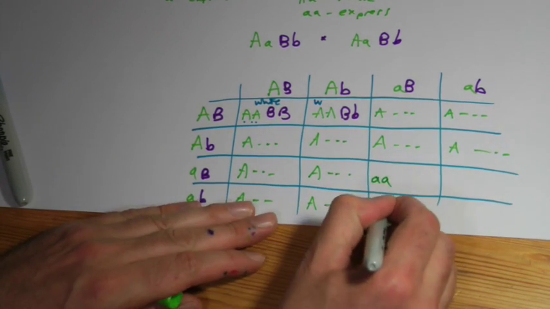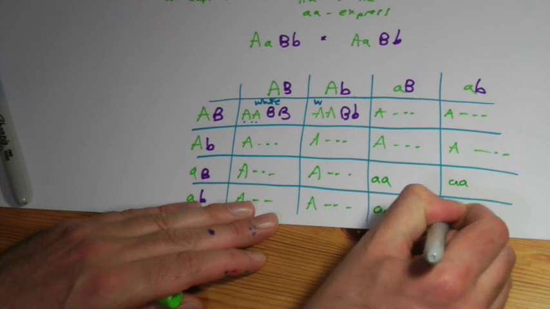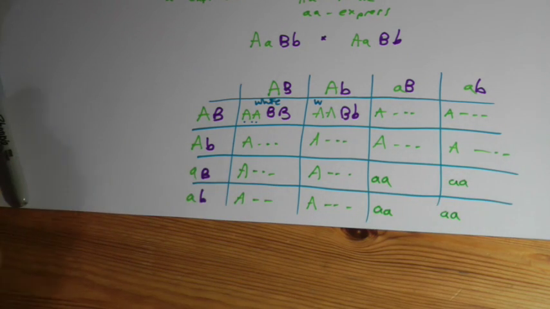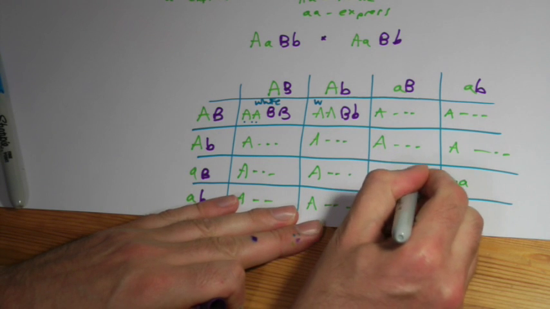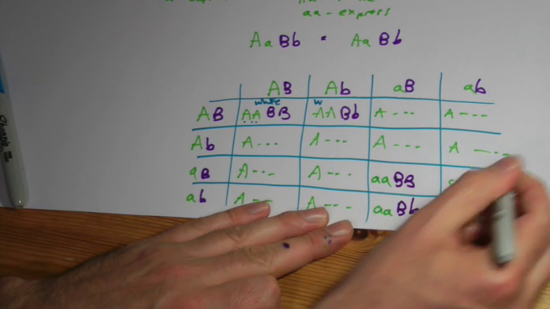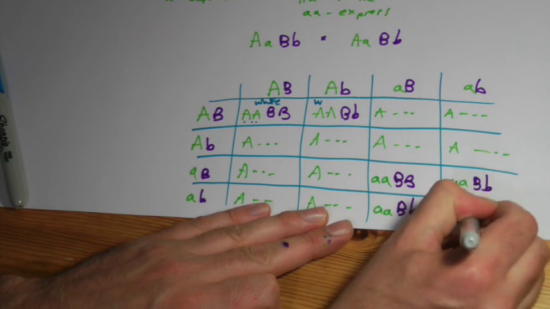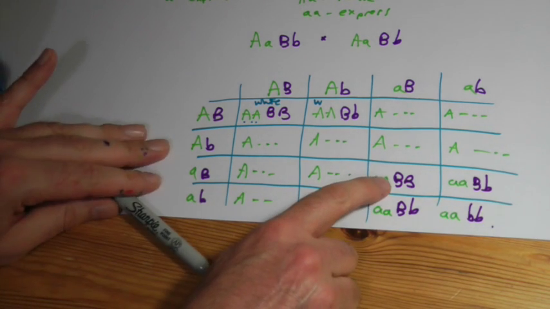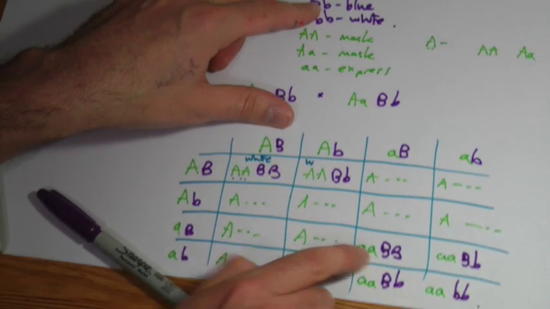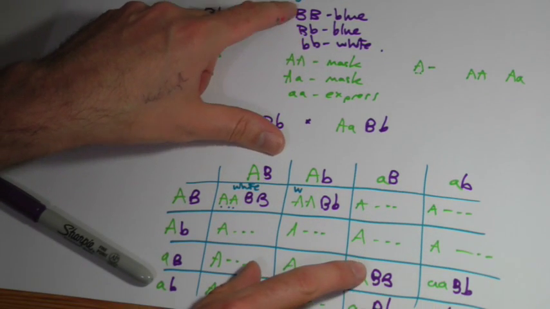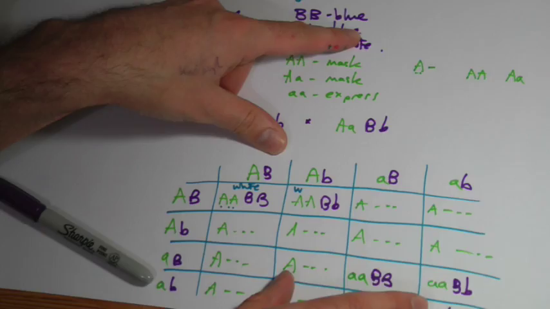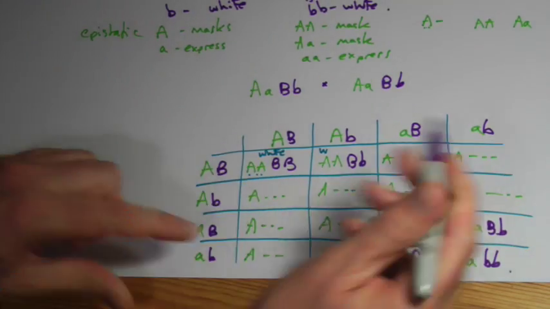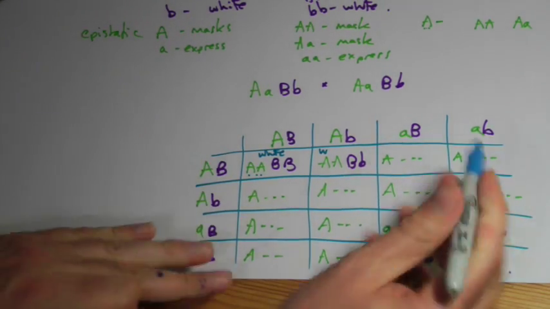So aa. What do I get here? Big B, big B, big B, little b, big B, little b, little b, little b. Okay. What's the phenotype here? Well, now I can refer back and say, blue, blue, blue, and white. Let's use a different colour.